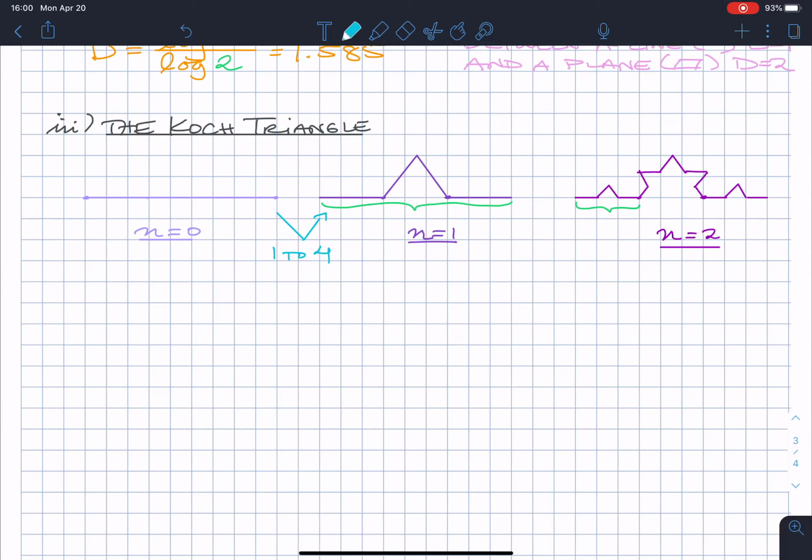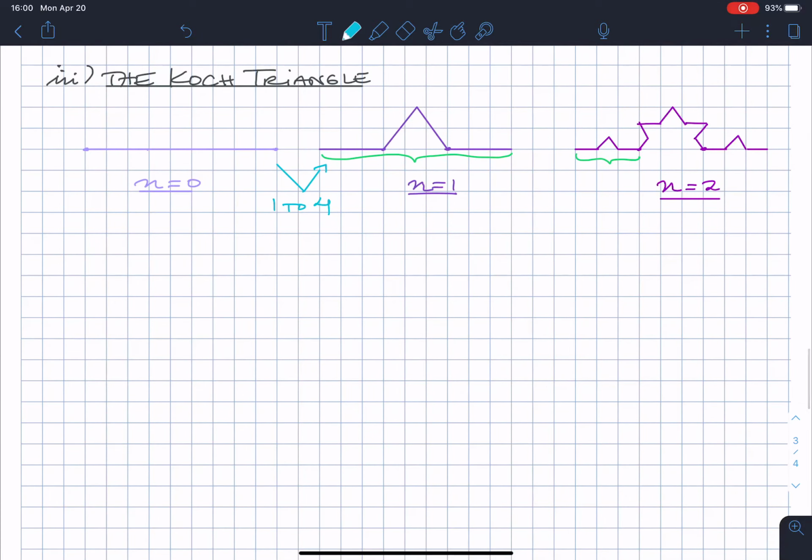So there's actually 4 self-similar replicas or lines. So the number of self-similar replicas is equal to 4.